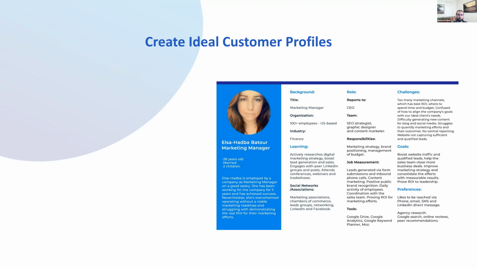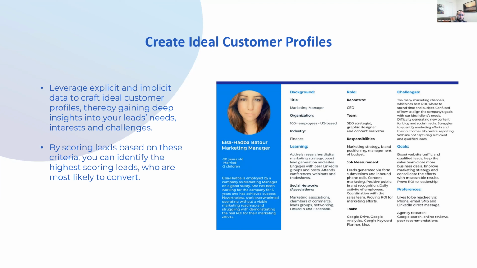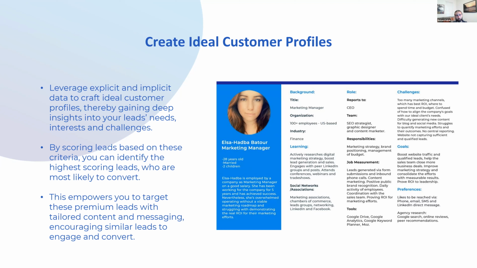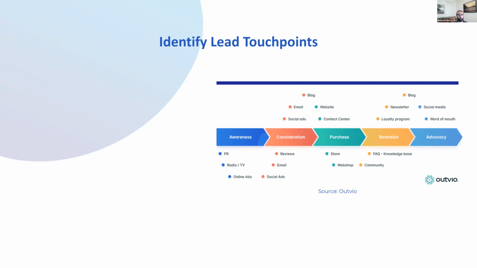So the first thing is create the ideal customer profile to craft that persona. And because you're scoring them based on their criteria, obviously you know that these are the kinds of people that convert, your scoring is going to be more accurate. And the content will be more specific to them. If you're doing content delivery based on lead scoring, then that would help.